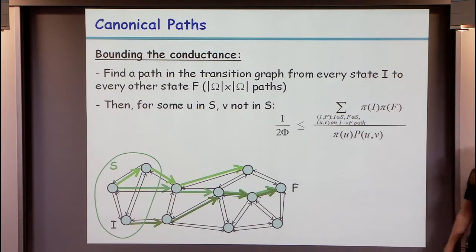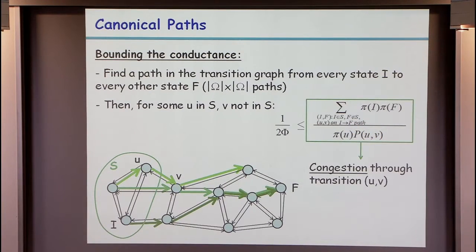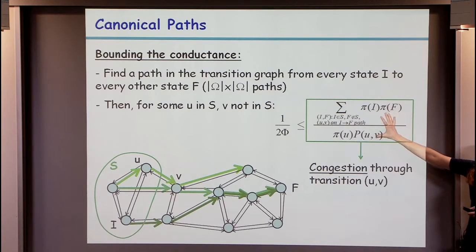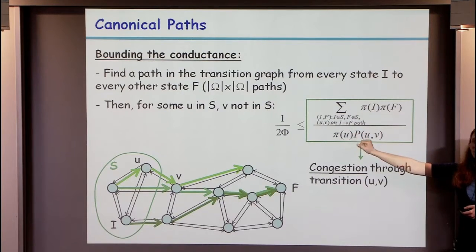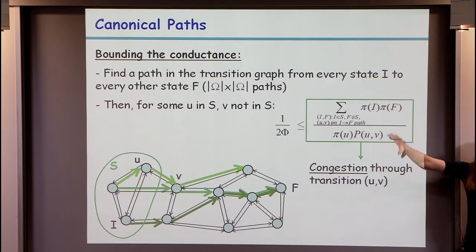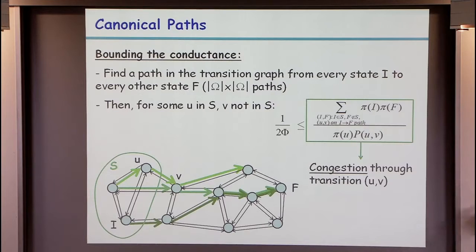This is what we got. And we can call this the congestion through this transition UV. Okay? So now what happens is, simply taking this, we have an upper bound on 1 over conductance, and that immediately from the previous theorem that I showed you gives me a bound on the spectral gap, and I have a bound on the running time, on the mixing time.